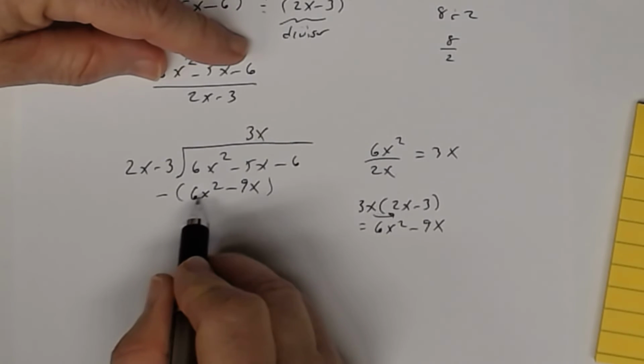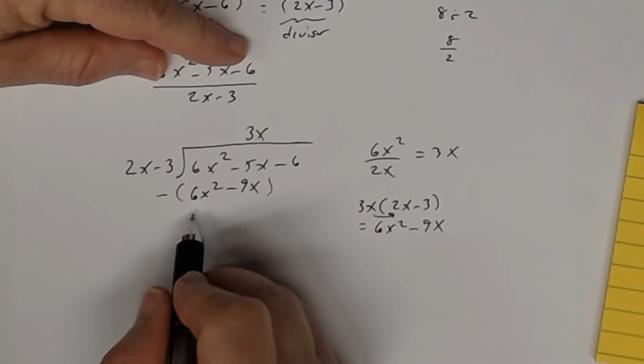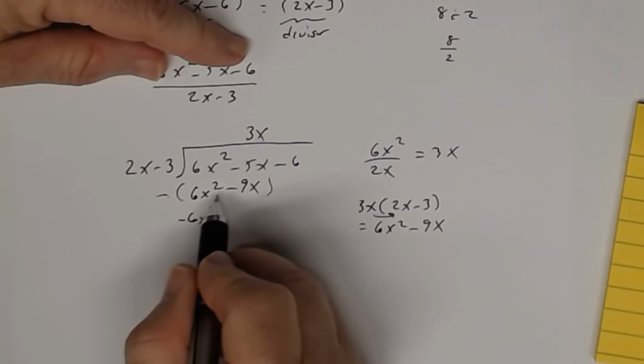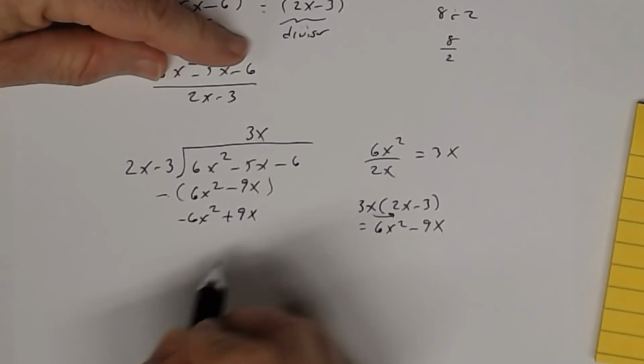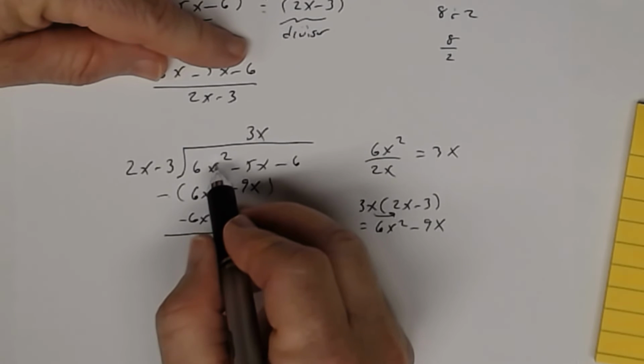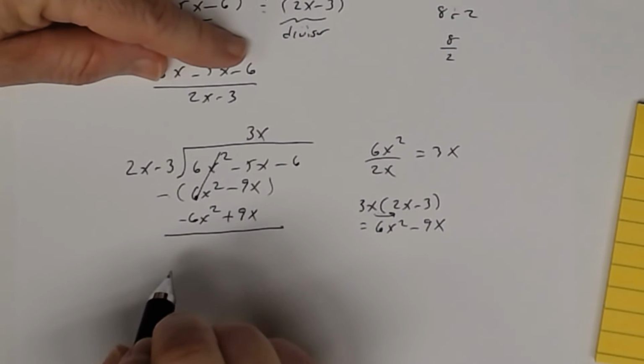Now it helps when you're subtracting to write out what this expression is equivalent to. So the opposite of 6x squared is a negative 6x squared. The opposite of a negative 9x is a positive 9x. All right, now let's simplify this part here. 6x squared and a negative 6x squared is 0.